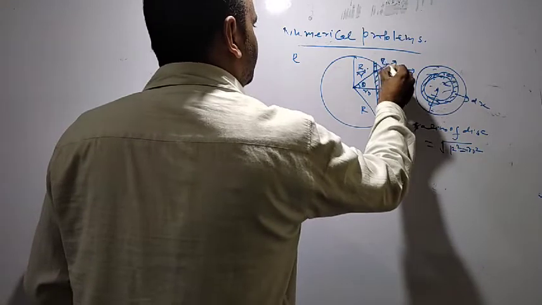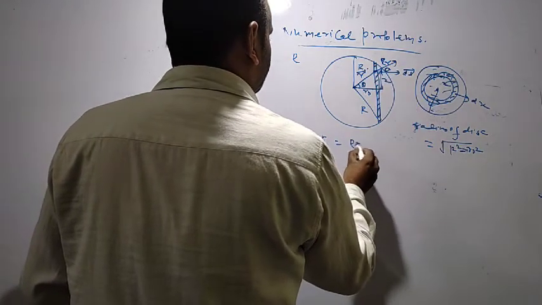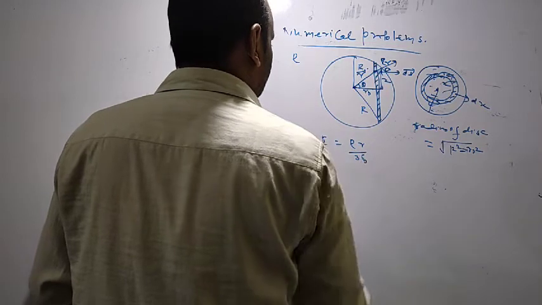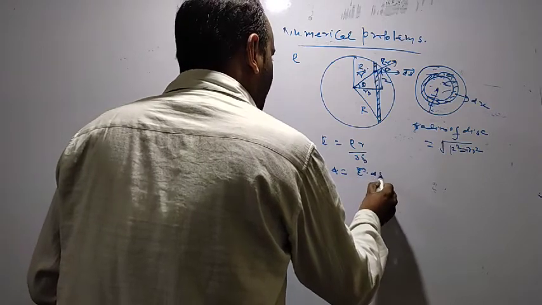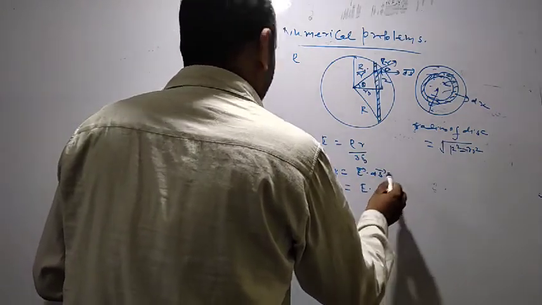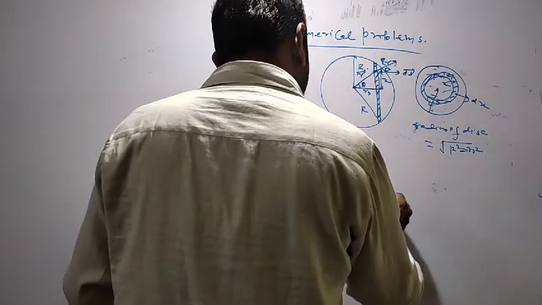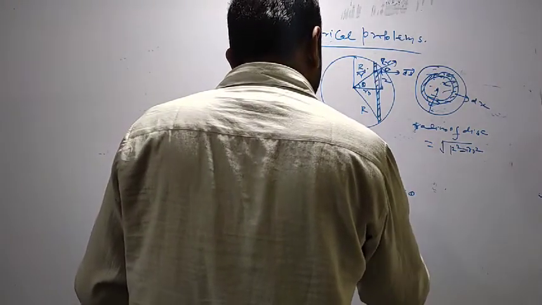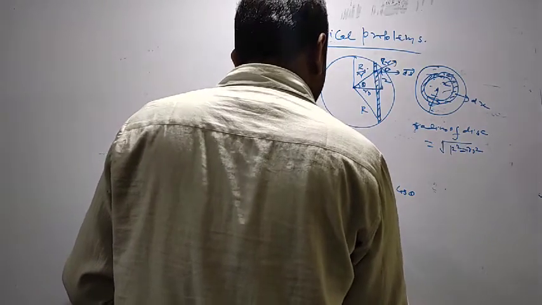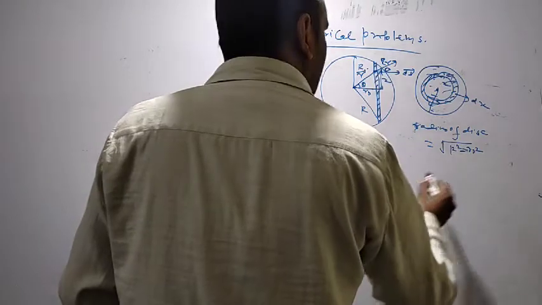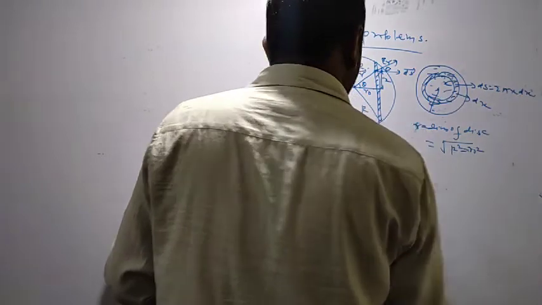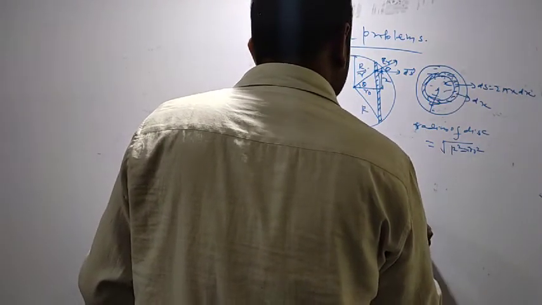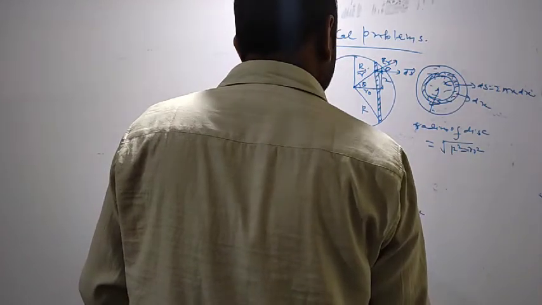Now what is the electric field here? E is nothing but rho R by 3 epsilon naught. Now the flux is E dot ds, so we have E ds cos theta. The electric field is rho R by 3 epsilon naught. Now ds is 2 pi x dx, and cos theta.